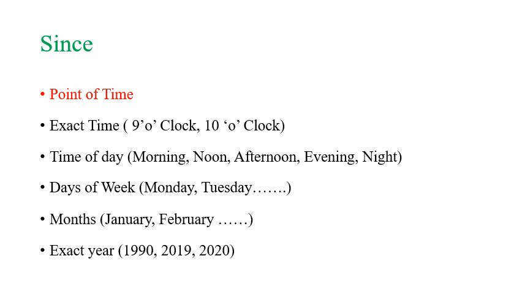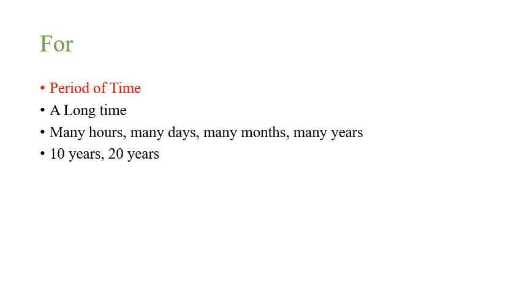When would we use for? For is period of time. For example, there is point A and then there is point B, and there is this period between these two points, and you do not know the exact time when the action of the verb started.